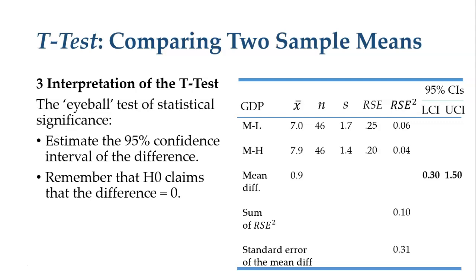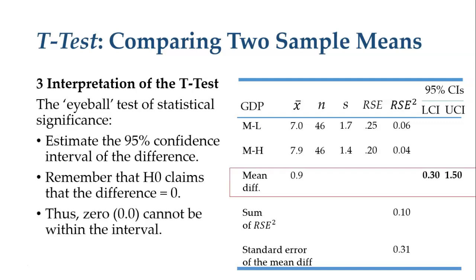So you don't want to have 0 in your confidence interval. You want to have confidence intervals that are higher than 0 for both values, or that are smaller than 0, or negative, for both values. Okay, that's important. In this case, again, we see that we have 0.3 to 1.5. Those are our confidence intervals. For that reason, we can reject again the null hypothesis, because 0 is not there. Okay.